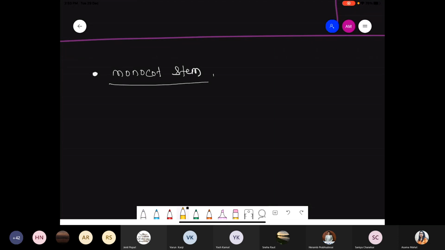So where is this exact position? We are talking about below the protoxylem. You know very well, protoxylem is nothing but the small size xylem. Below the protoxylem, water cavity is present, and the function of this water cavity is storage of water.